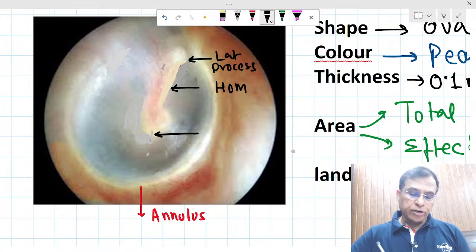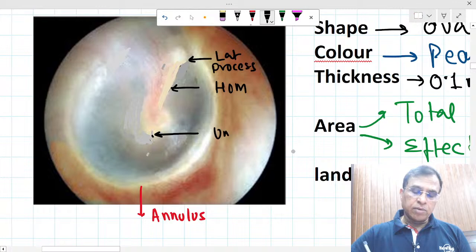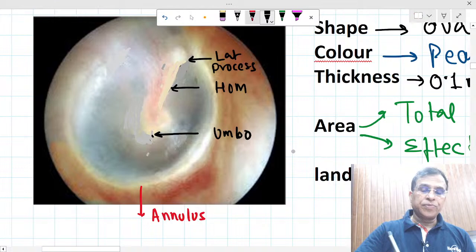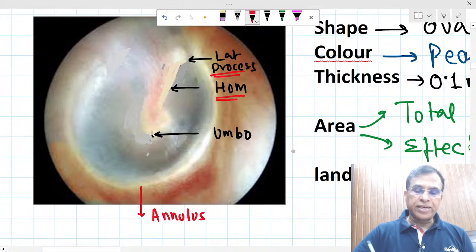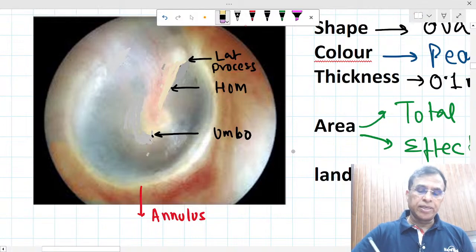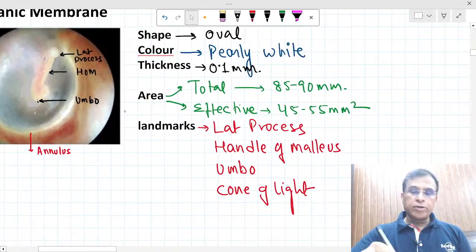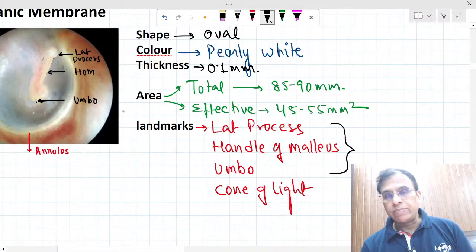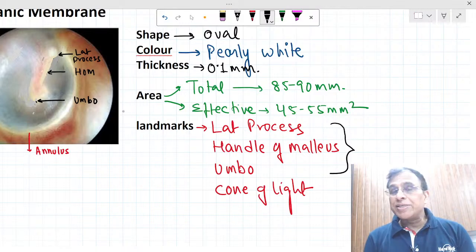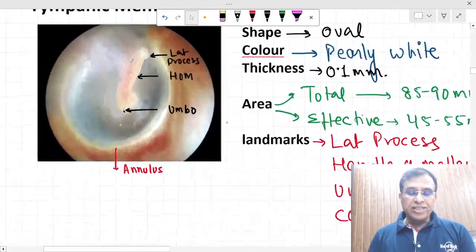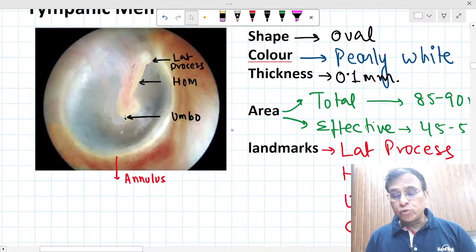And the tip point of the malleus is called the umbo. So these are the 3 names that you can always see in a normal membrane: lateral process, handle of malleus, umbo. And all the 3 are landmarks. Obviously, a landmark has to be something which can be seen. Something which is not seen cannot be a landmark, right? So I hope you can identify these things in a normal tympanic membrane if they ask you to.